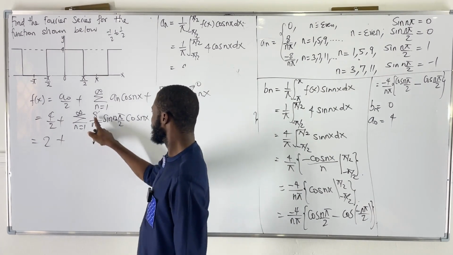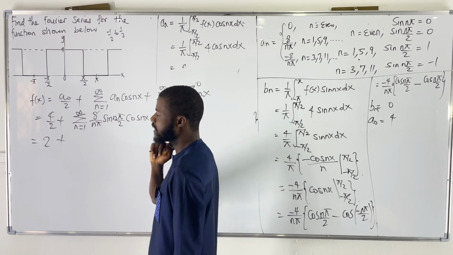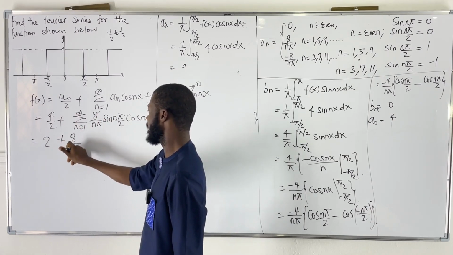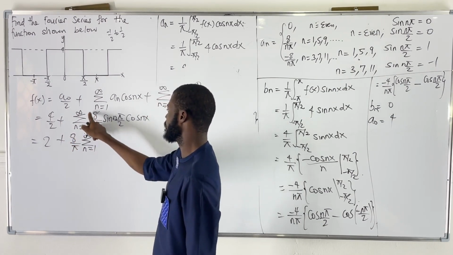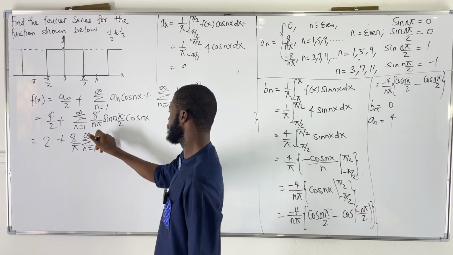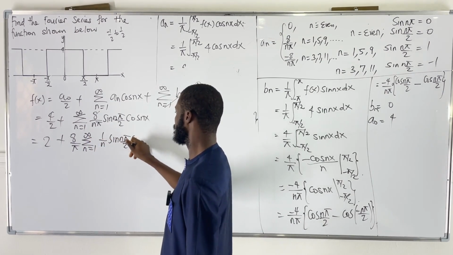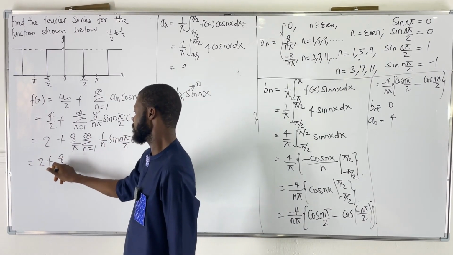So what I'll do: 8 over pi is a constant, so let me bring that out. Then the sum from n equal to 1 to infinity, what will be left becomes 1 over n sine n pi over 2 cos nx. So this is 2 plus 8 over pi.